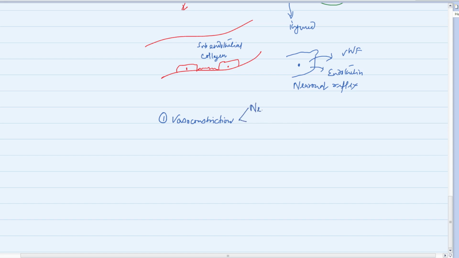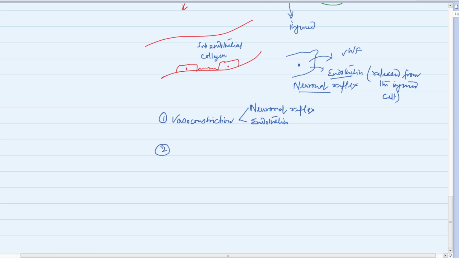There is the neuronal reflex that we alluded to earlier, and the endothelin released from the injured cell. These two things bring about vasoconstriction. That's the first thing that happens.